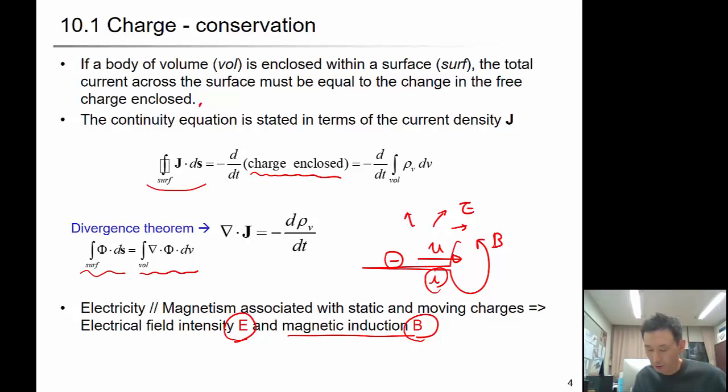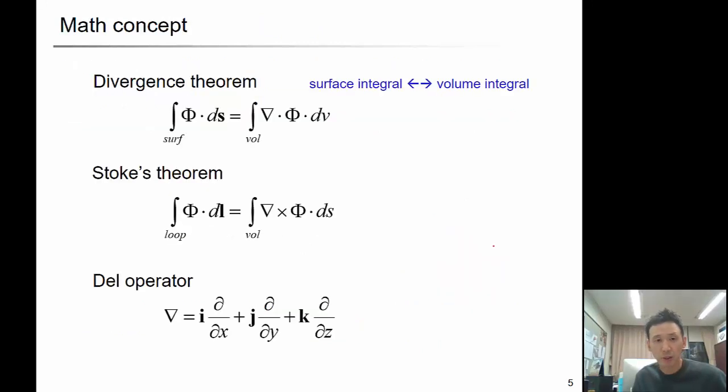So they are all associated together. These are the mathematical theorems that we use in electromagnetic or electrodynamic theory: the divergence theorem, Stokes theorem, and their operators. For more details, you can look up vector calculus.